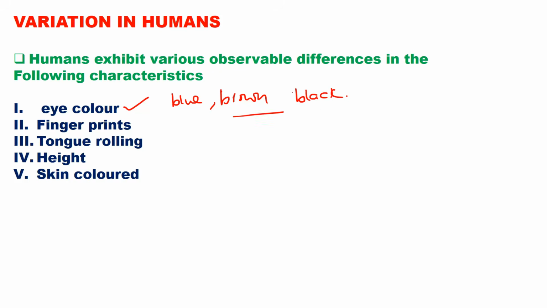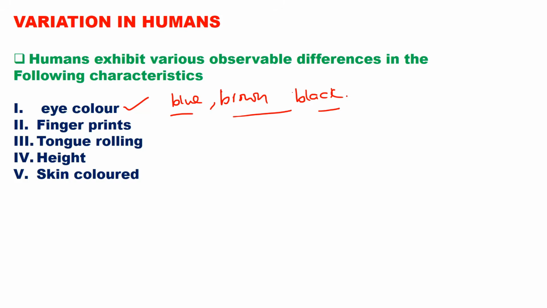And eye color is determined by the presence of what we call melanin. People with black eye color have a lot of melanin, and the ones with brown have less melanin. The ones with blue might not have, or do not have, melanin. So these are variations that exist in humans when it comes to eye color.